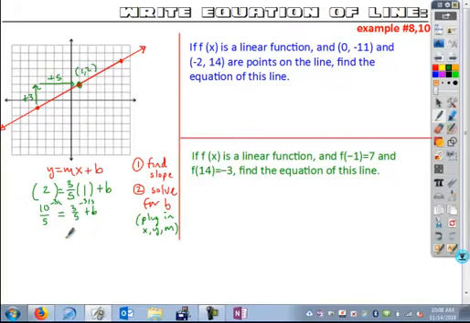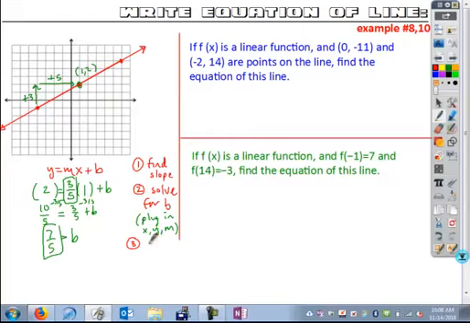I wind up with 10 minus 3, which is 7 over 5. So here's my b value. So I found the two things that I needed to write my equation of this line. I found my slope and I found my b value, my y-intercept.